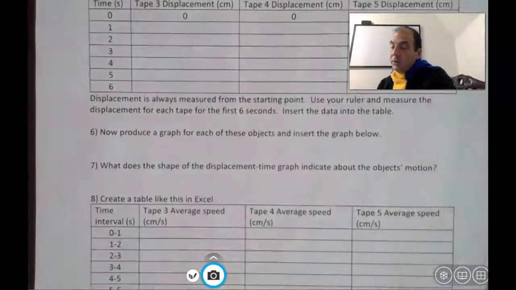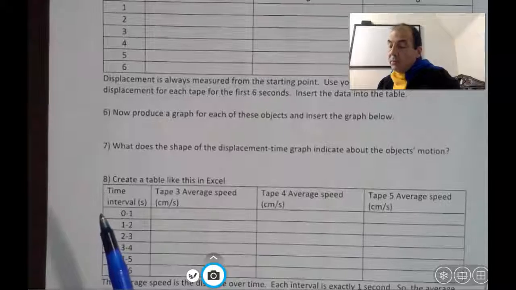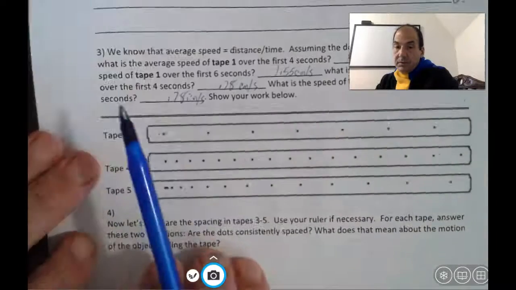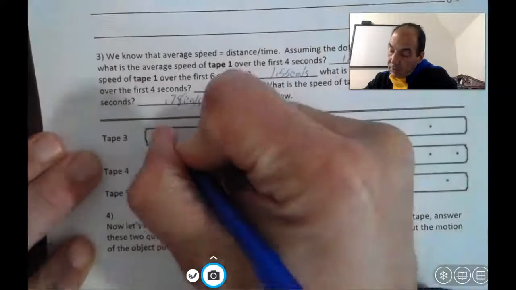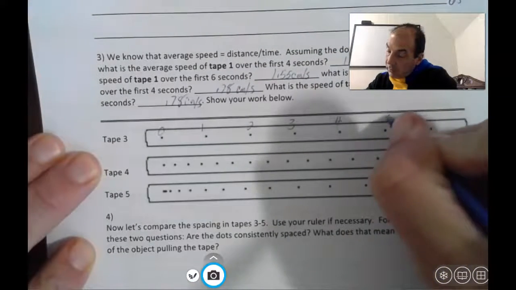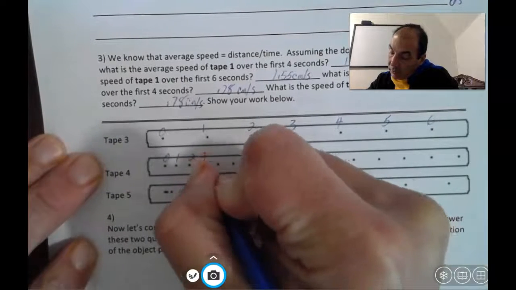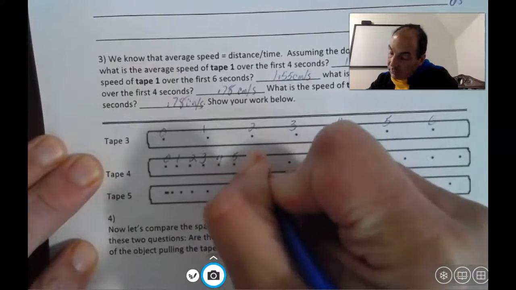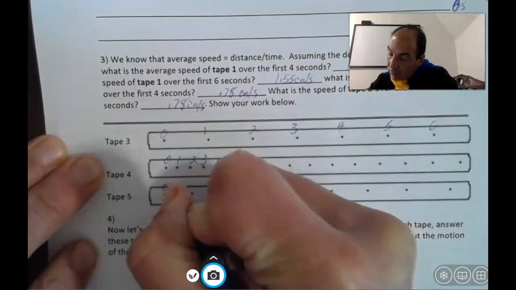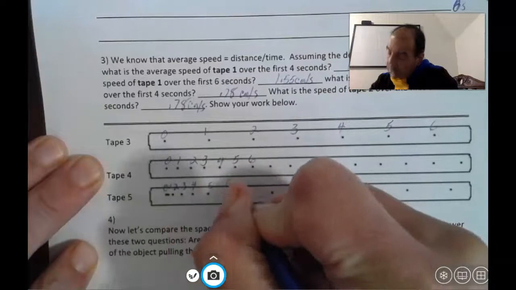So now what we're supposed to do is create this table in Excel and start measuring distances for the first 6 seconds. So I'm going to come back to my tape for a second and number 0, 1, 2, 3, 4, 5, 6, 0, 1, 2, 3, 4, 5, 6, 0, 1, 2, 3, 4, 5, and 6.